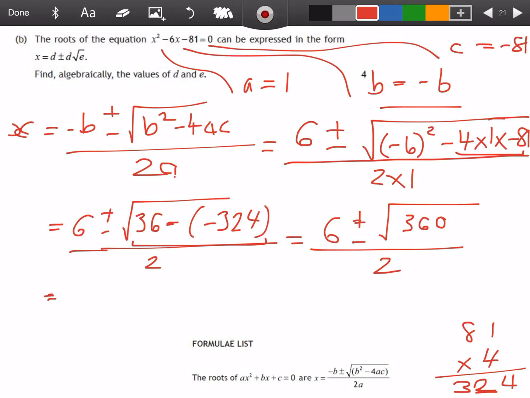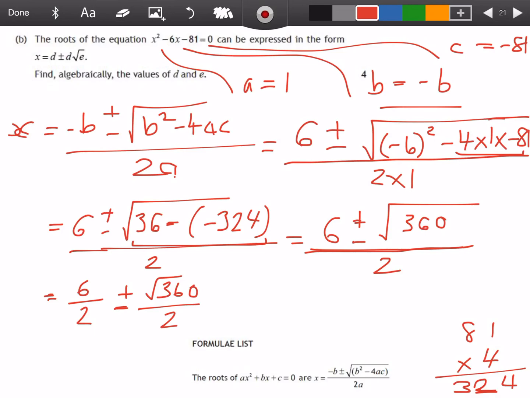It says express it in the form of d plus or minus d root e. It kind of looks a bit like that. It doesn't have the 2 at the bottom. The 6 is over the 2, plus or minus root 360. They've both to be divided by 2. The whole thing over 2 means they're both to be divided by 2.